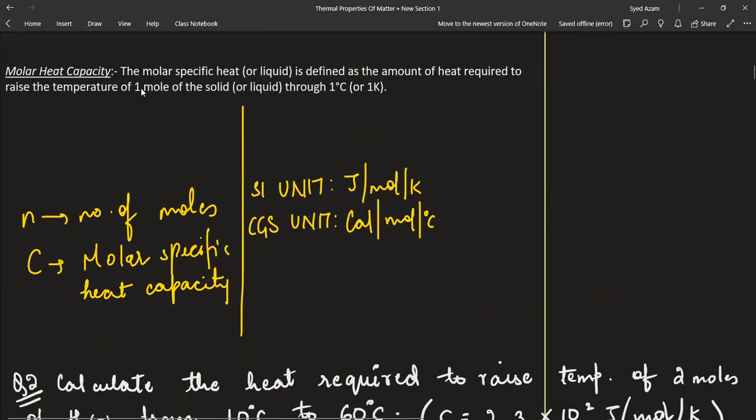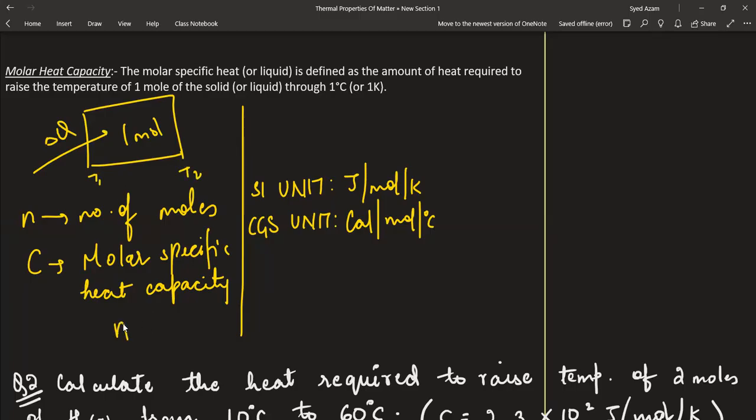Okay. Now there are various types of specific heat capacities. Now look, when you have 1 mole, you are talking about the number of moles. When you're talking about the number of moles, then the specific heat is called the molar specific heat. It means instead of mass, you are providing heat to increase the temperature of 1 mole.